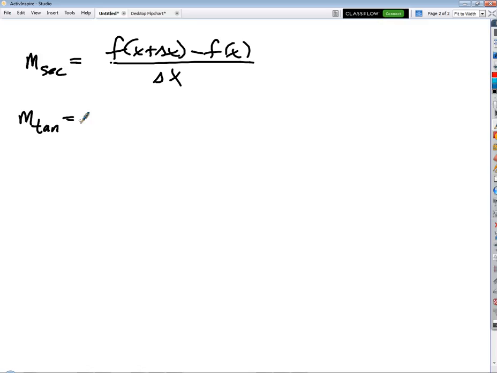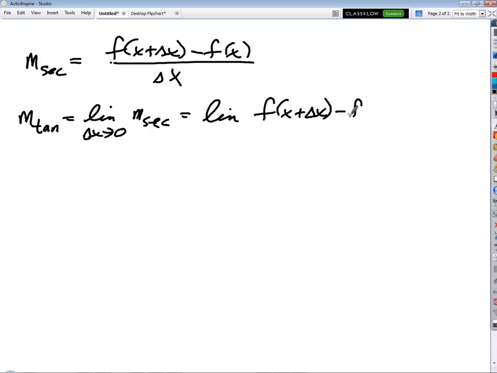It was the limit of the slope of the secant line as delta x shrunk to 0, which pulled that second point back onto the first point and made it a tangent line instead of a secant line, right? So that just looks like the limit of f of x plus delta x minus f of x over delta x as delta x goes to 0.